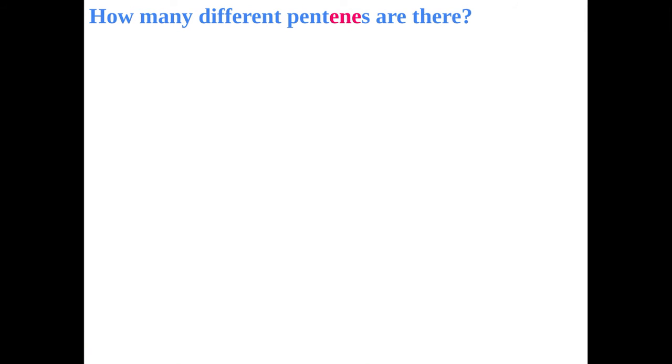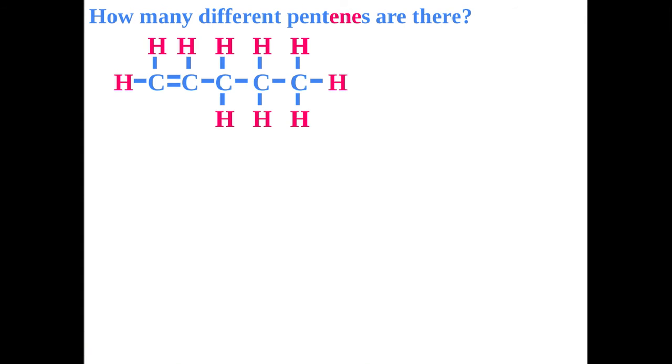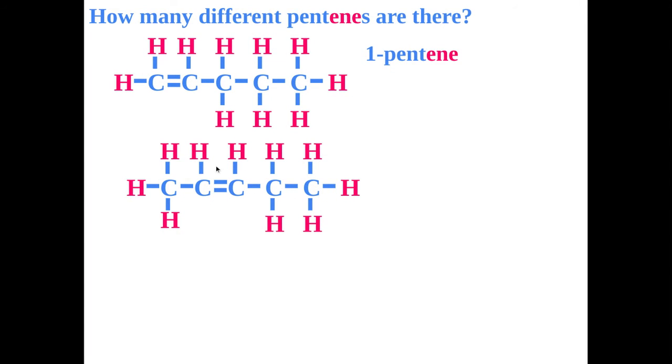Okay, hopefully you got back to some questions here. Here are the different pentenes. So here's a pentene here. Again, 5 carbons. We've got a double bond there between carbon 1 and carbon 2. We have that as being 1-pentene, the double bond in between carbon 1 and carbon 2. We can shift the double bond to here. So this is between carbon 2 and 3.